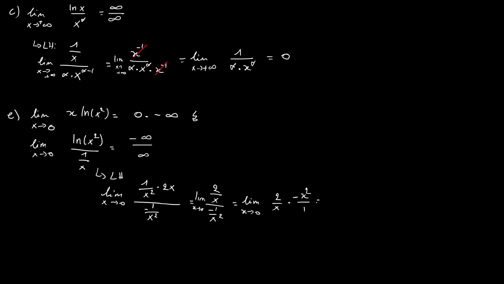Rewriting it still a little bit, this is the limit of x approaching 0 of minus 2x. I'll still write a 1. Maybe it's clearer if I show what I did instead of immediately going like that. So I found this by multiplying these, scratching out the x's, and we just end up with minus 2x. We fill in x approaching 0, so that means that this limit approaches 0.